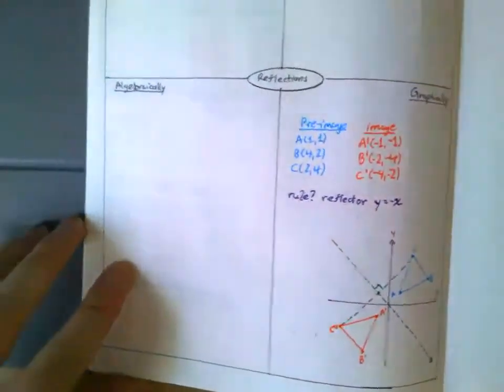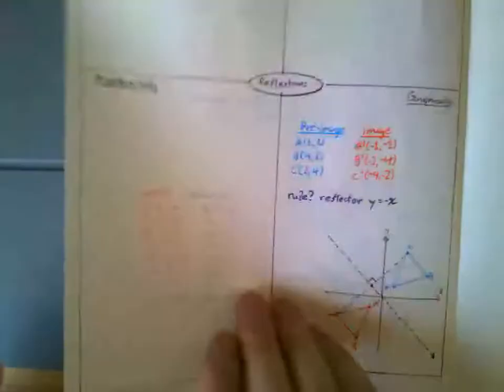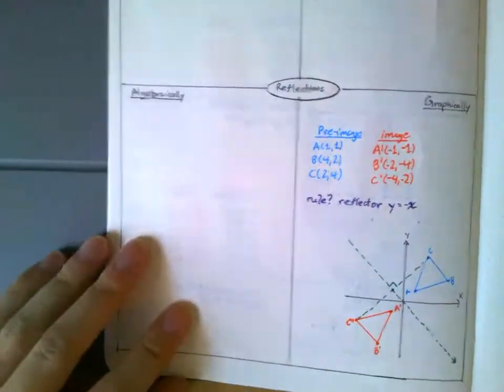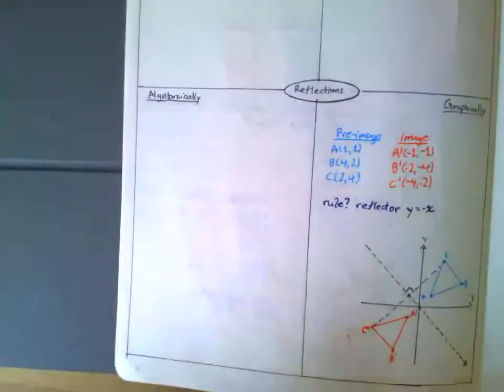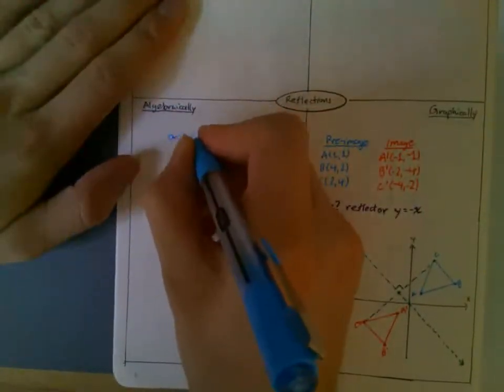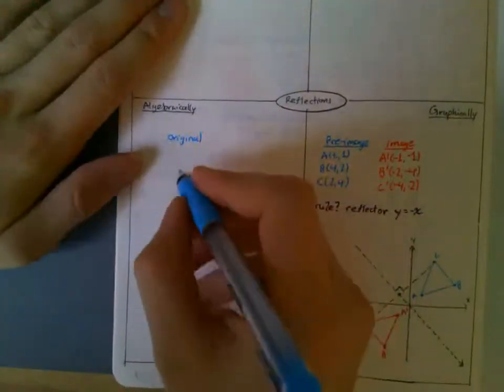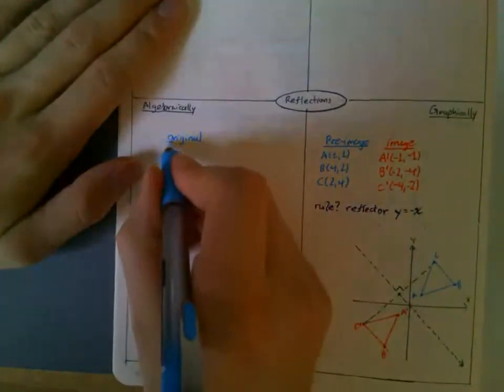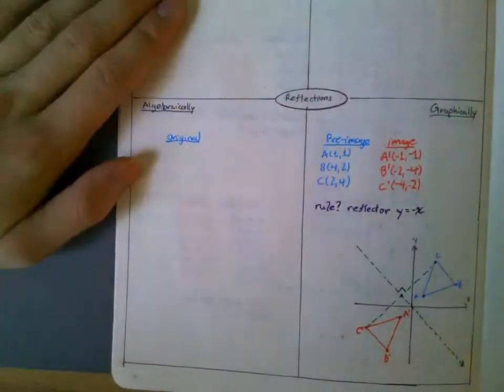So let's talk about the algebra. Okay? Now, for algebra, right, we have our original rule, and we're going to go to our rule.